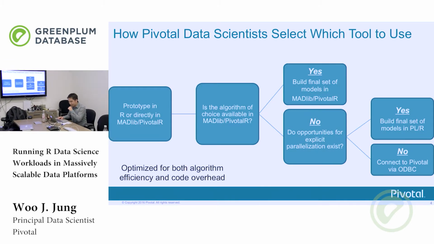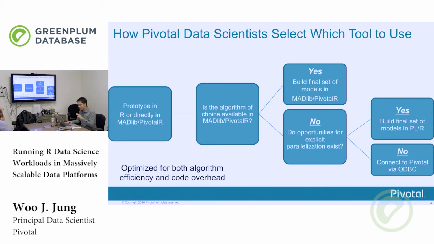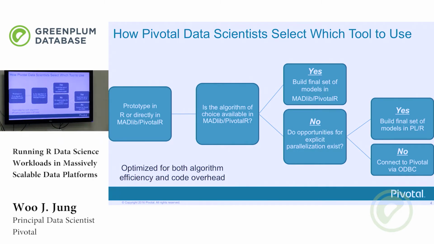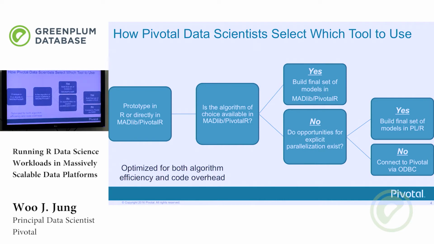Now, on that note, there are a lot of tools out there. Some of the tools that I've listed previously, including MADlib, MLlib, and H2O, are out there for doing just this, data analysis on large data sets. And oftentimes, it's a bit of a challenge to understand when to use what tool.